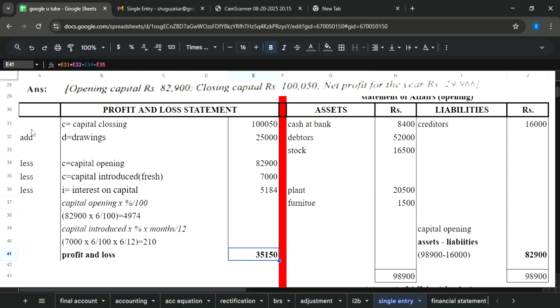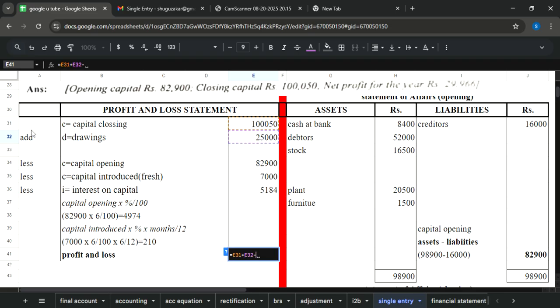First two amounts would be added. So here first two amounts you will add, closing capital plus drawings.